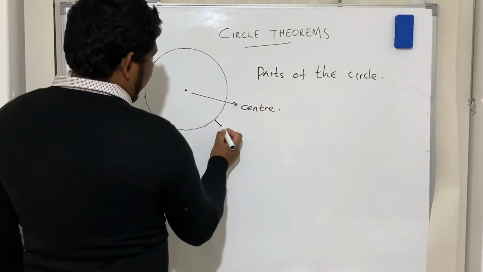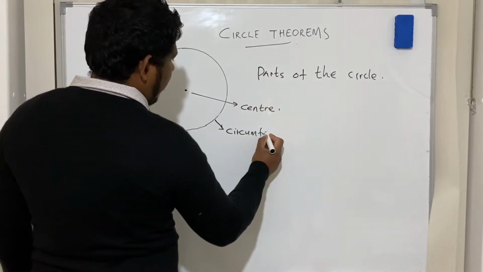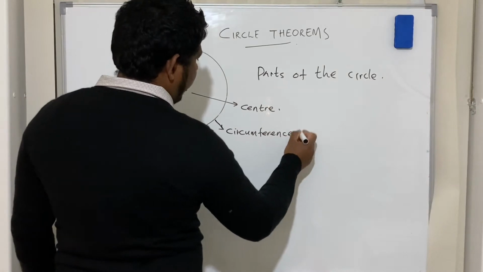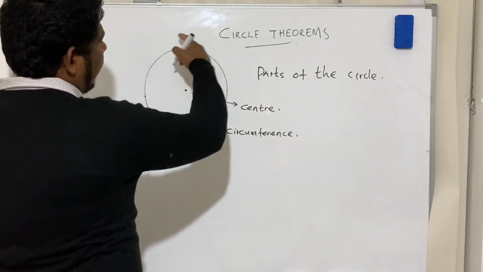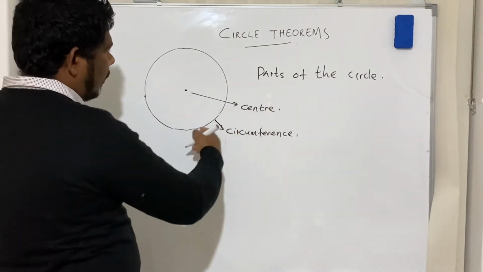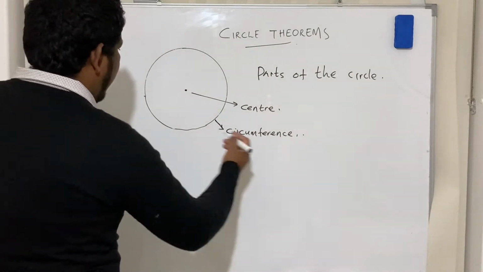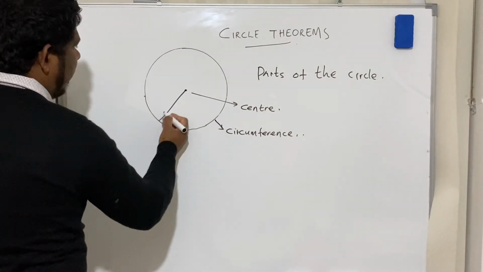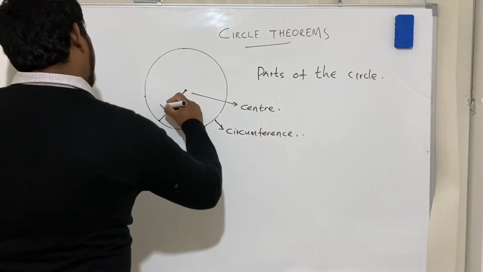Another important thing is circumference. Circumference is the length, the distance around the circle. And radius is the length between the center and the circumference.